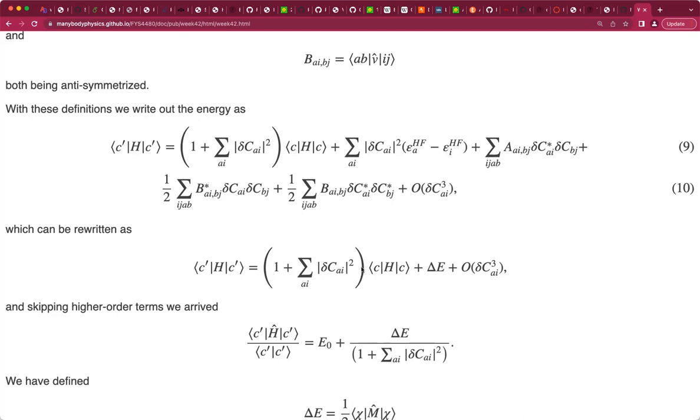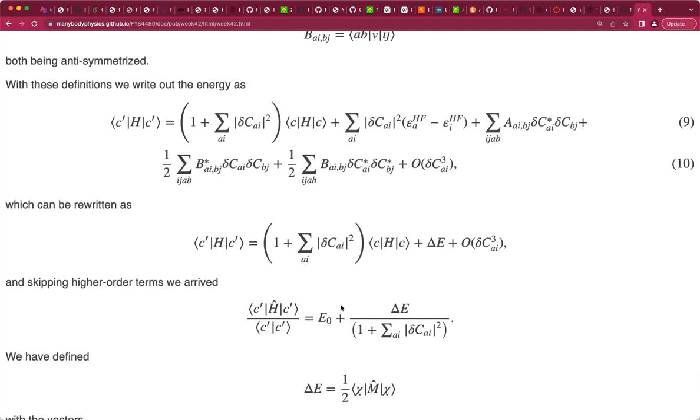And what I've done now is simply to divide again with this term here. That's the approximation to the norm, which I divide with. So then I have E0, which is my Hartree-Fock energy, and then I have this term here, delta E. If you look closely at delta E here, it contains a delta Ci squared.